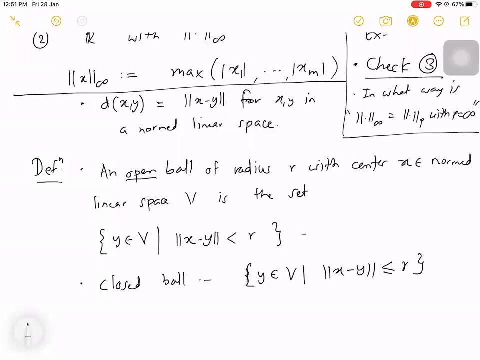And if I recall the notation, it is some notation like B sub r of x. Is that right? So this is the open ball. Different authors may have different notations. I'm writing the radius as a subscript and the center inside the parentheses.